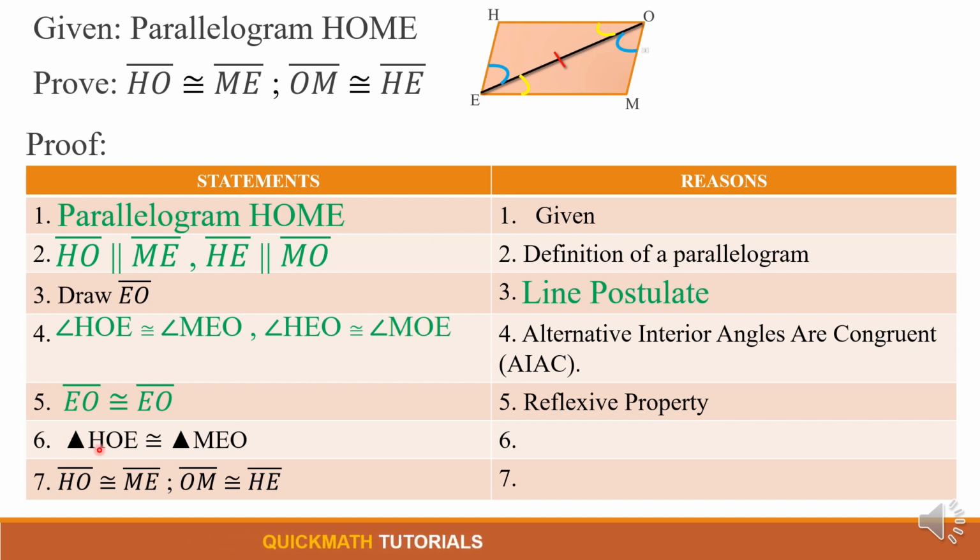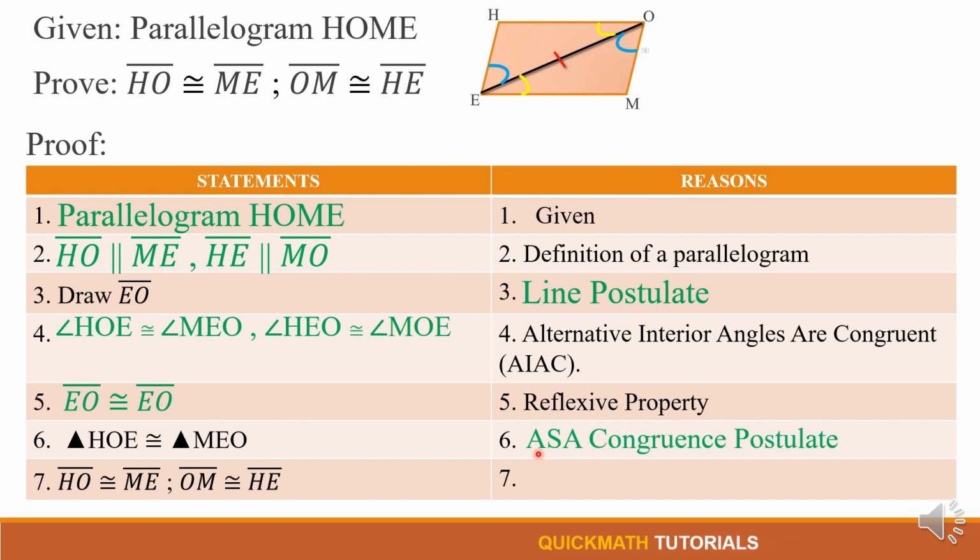Hence, we can have the triangle HOE is congruent to this triangle, and the reason is the ASA congruence postulate, or angle side angle. So here in the illustration, we have angle side angle.